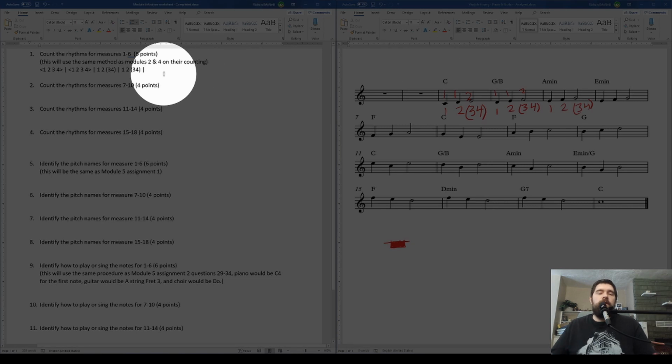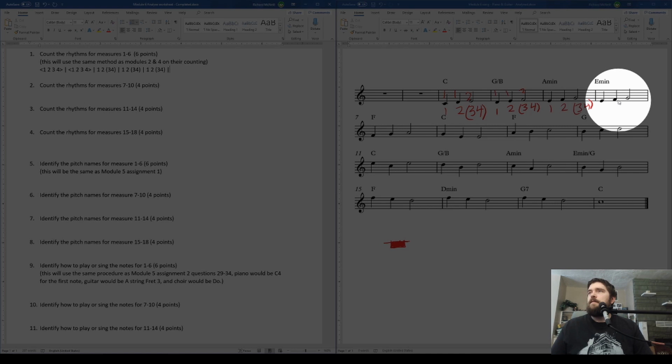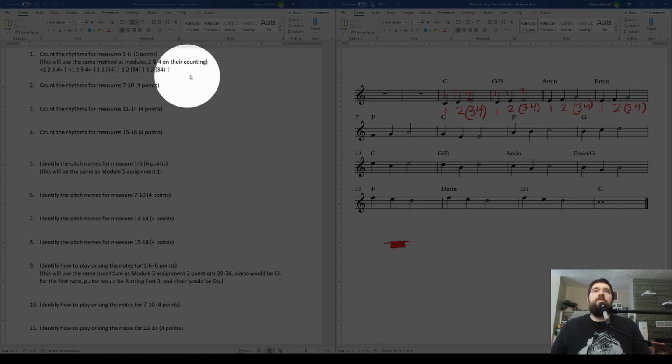Okay, and I write it over here. 1, 2, 3, 4 is together. And now for measure 6, I take a look at it over here, and once again it is 1, 2, 3, 4. Transcribe it into my document.